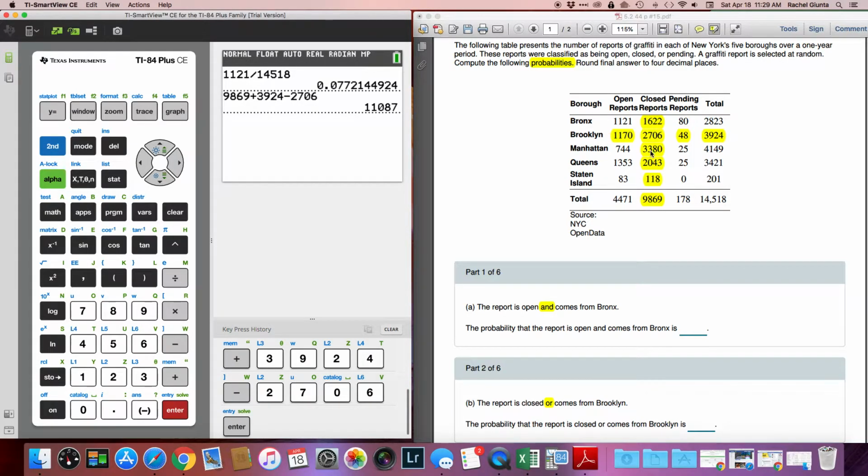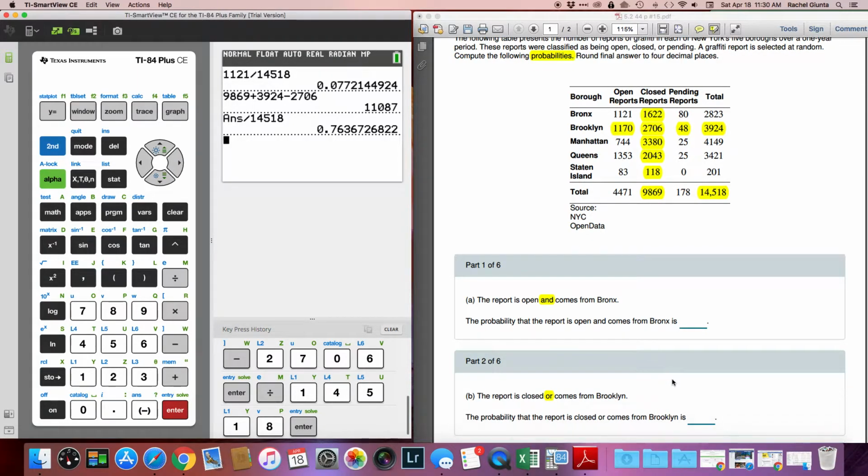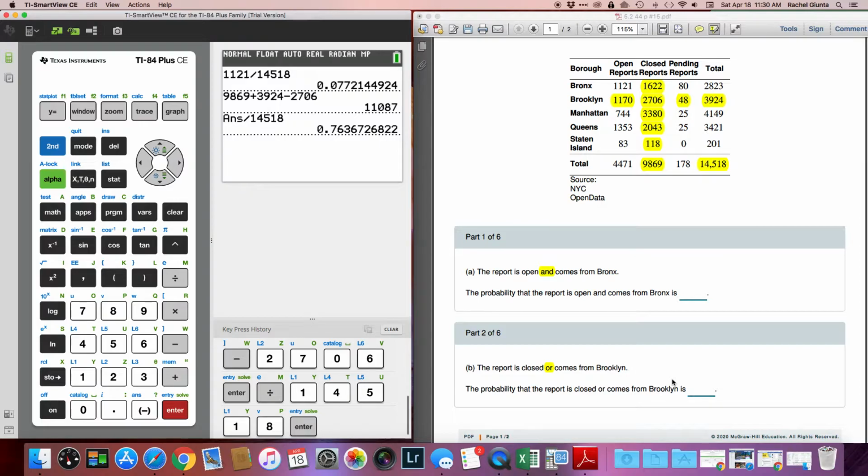So that is the total number of reports that are closed or come from Brooklyn. And then divide that by the grand total, 14,518. And again, we get a 0 point something number. To 4 decimal places, it would be 0.7637.